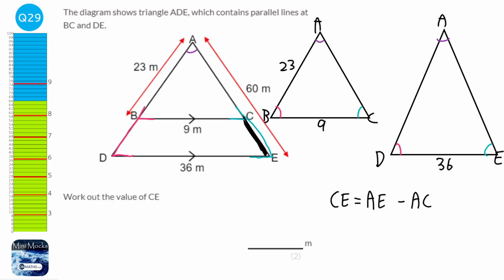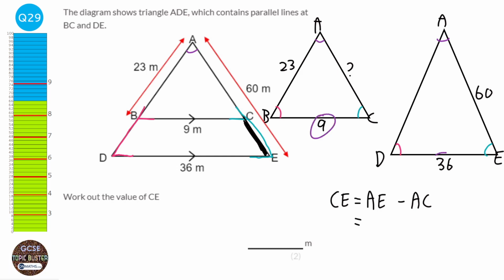Now we know what AE is, which is 60. So we just need to find out what AC is, this one here. And when we find out what AC is, we can just take them away to work out what the CE is. So we need two corresponding lengths that we know both of them.